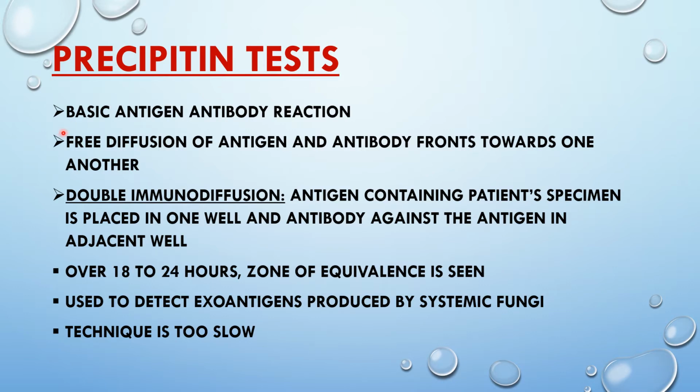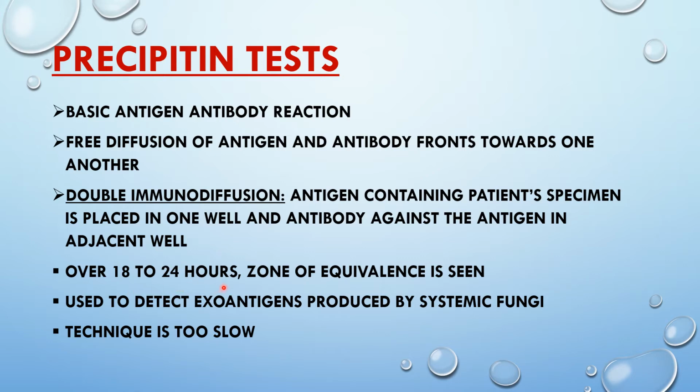Precipitation test. This is the basic antigen-antibody reaction, and there is free diffusion of antigen and antibody towards one another if we perform it in 1% agarose gel. Double immunodiffusion: the antigen-containing patient specimen is placed in one well and the antibody against the antigen in the adjacent well.